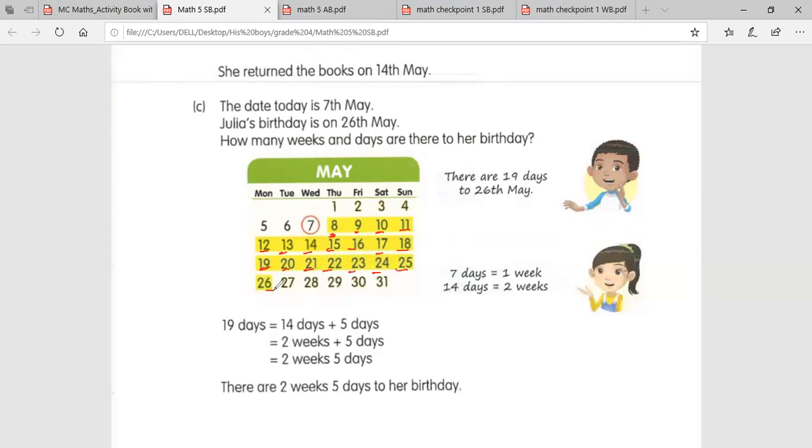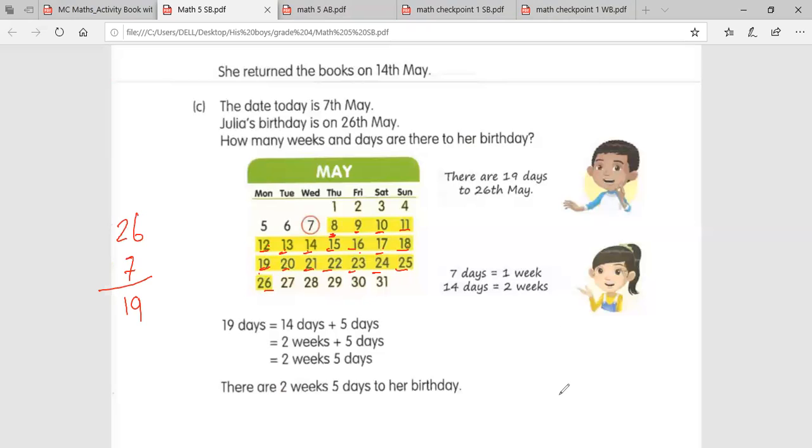So 19, not 20. If you subtract, 26 minus 7, you get 19. How many days? You have 19 days.